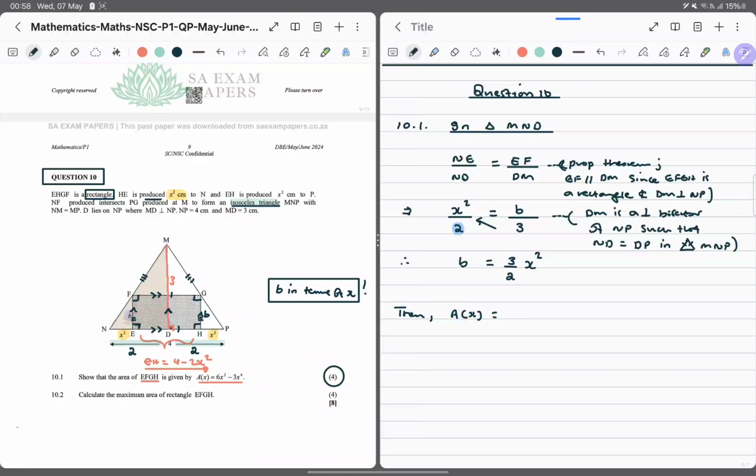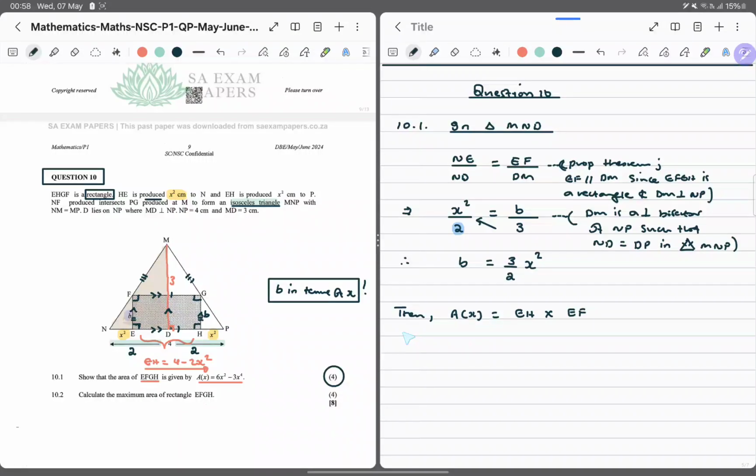area of x is going to be length times breadth. But now the length here, I'm not going to write the formula in terms of the generic stuff. Now I'm going to write it in terms of this rectangle. It's going to be EH multiplied by EF. Okay, nice and easy.